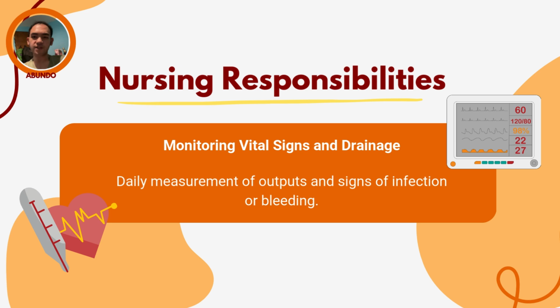Vigilant monitoring of surgical drains is vital, particularly in the first few post-operative days. The pancreas produces enzyme-rich fluids that, if leaked, can lead to fistula formation or intra-abdominal abscesses. Nurses must assess the color, volume, and consistency of drainage fluid, with particular attention to elevated amylase levels that may indicate pancreatic leakage.